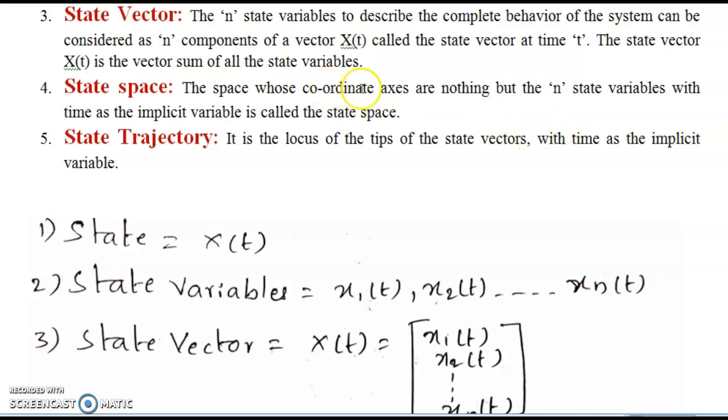Three coordinate system means three axes are available: X, Y, Z coordinates. Each coordinate gives one variable. The second coordinate gives the second variable, the third coordinate gives the third variable.